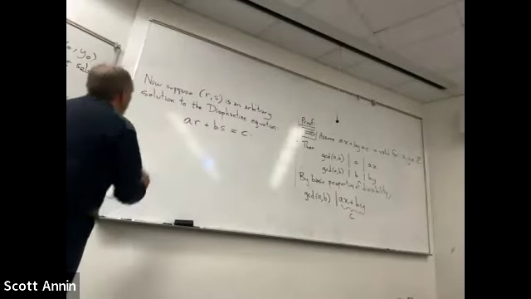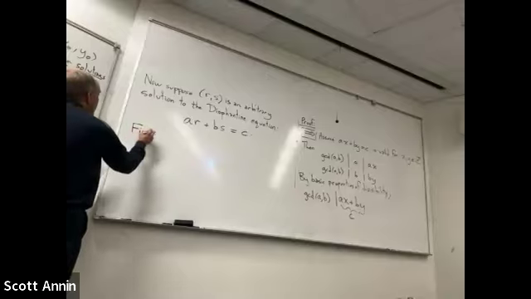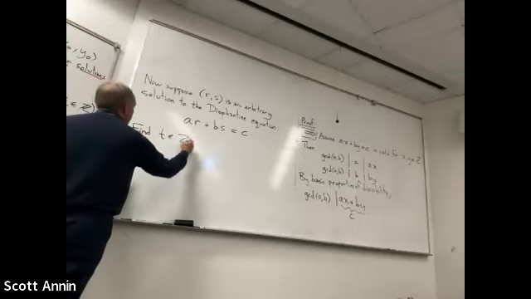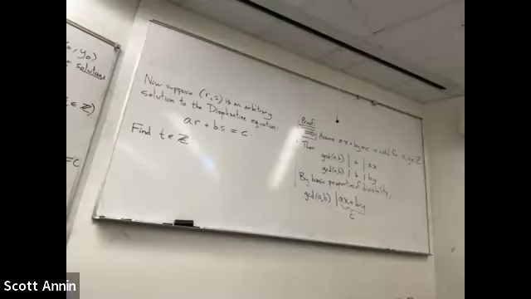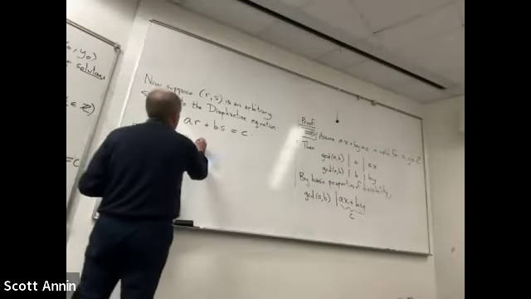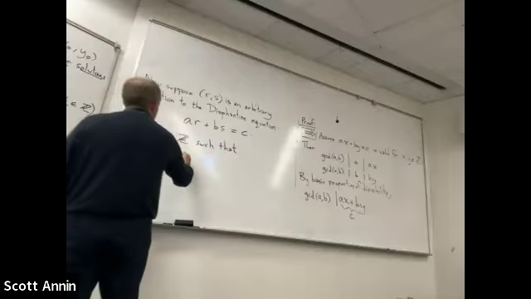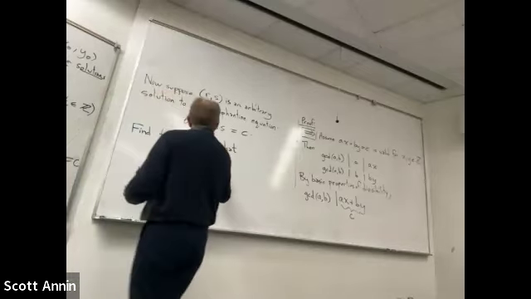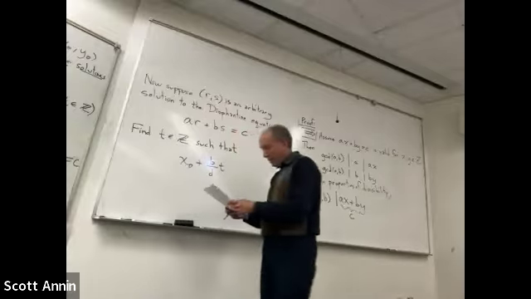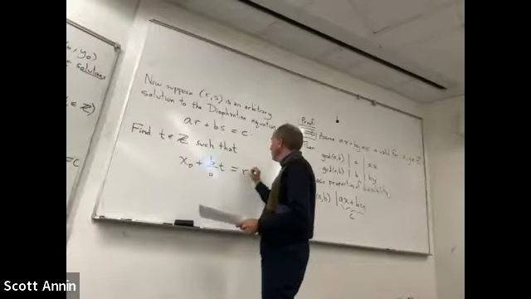Okay, so let's do the following. Let's find an integer t such that x naught plus b over d times t is equal to r.